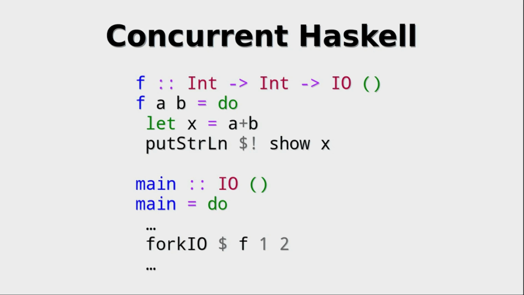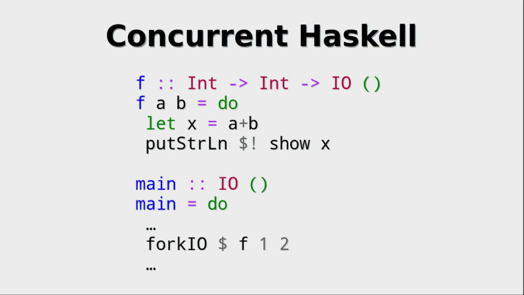In this case, we have a function fab, which adds A and B and then prints them to the screen, and as we can see here, we can fork on this function, of course, with the arguments supplied. So at least we know how to give the threads some arguments.